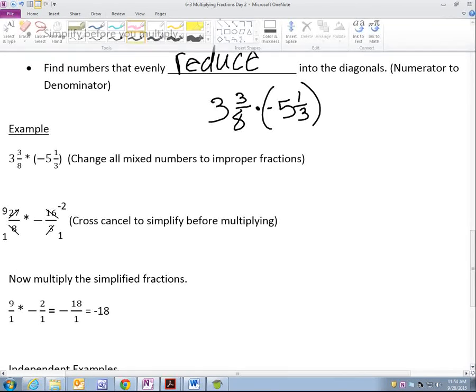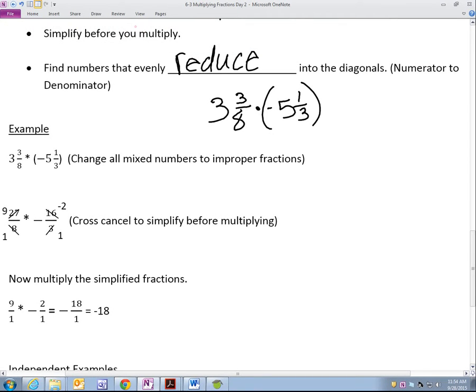The way that I make my mixed number an improper fraction is I multiply these two numbers together. So I'm going to do that. I'm actually going to do the cross, the x for multiplying. Then I need to add the numerator. So I have 24 plus 3, which is 27 over 8.